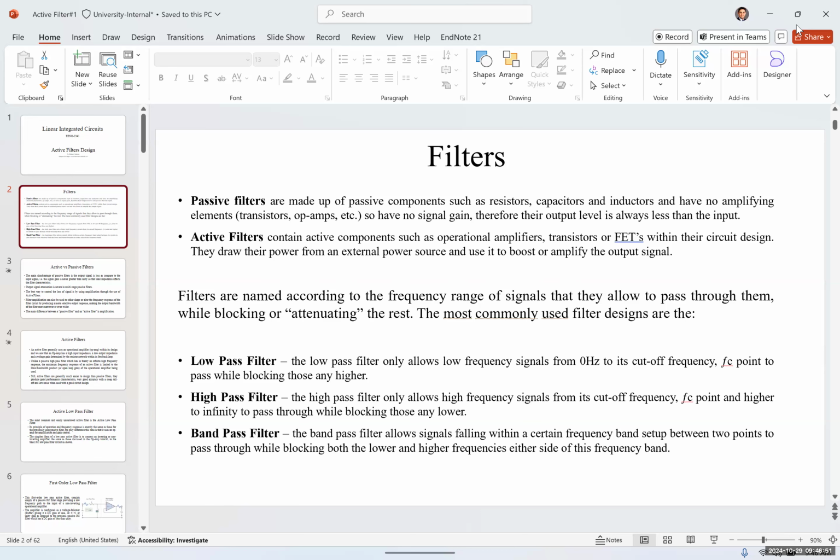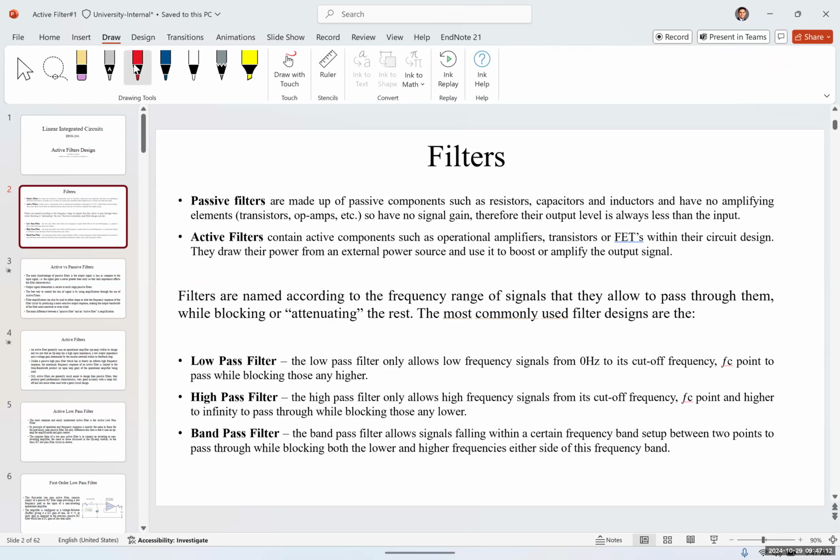They don't produce any power. Those are passive elements. So these elements don't have any signal gain, and the output is always less than the input. This is very important. The output level is always less than the input.